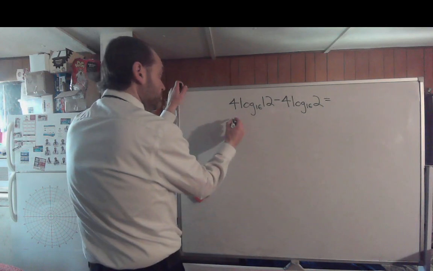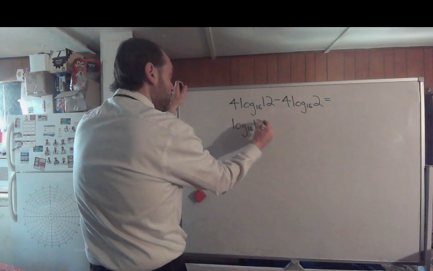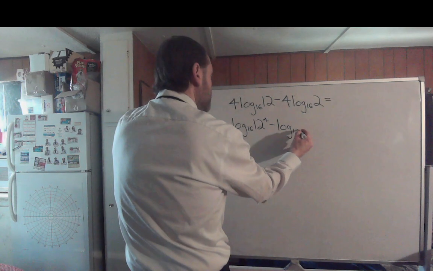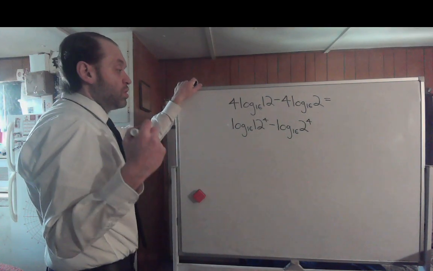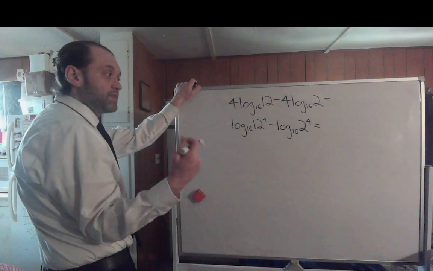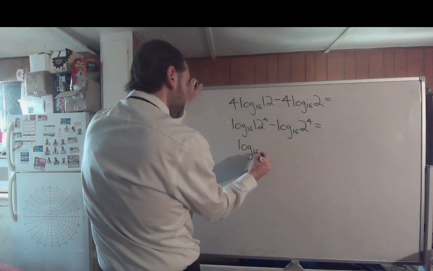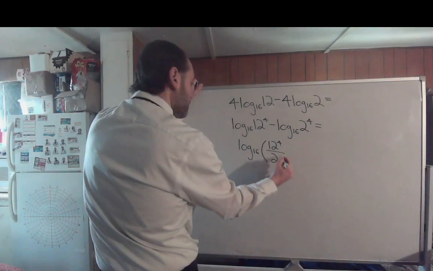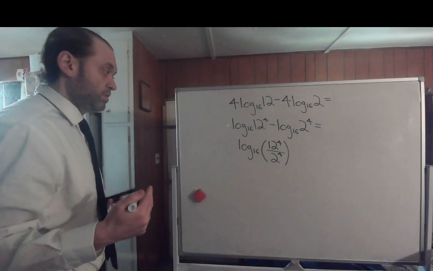This would turn into log base 16 of 12 to the 4th minus log base 16 of 2 to the 4th, which in turn, you have a difference of logs, would make this log base 16 a quotient of 12 to the 4th over 2 to the 4th. But we're not done yet. We got to figure out what 12 to the 4th and 2 to the 4th are.